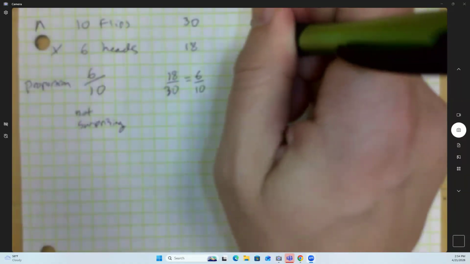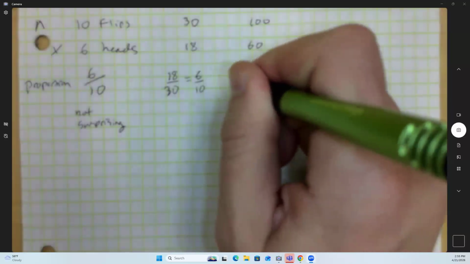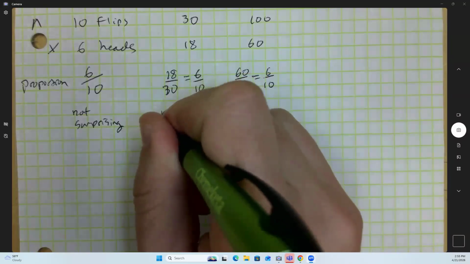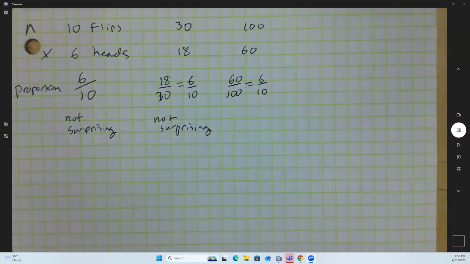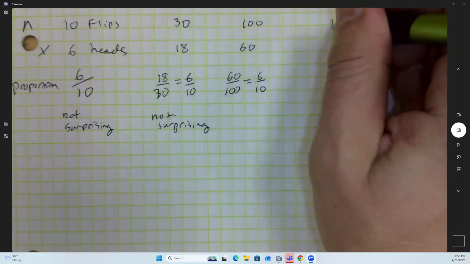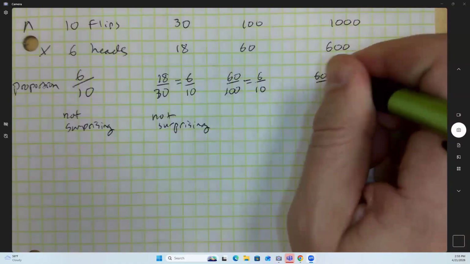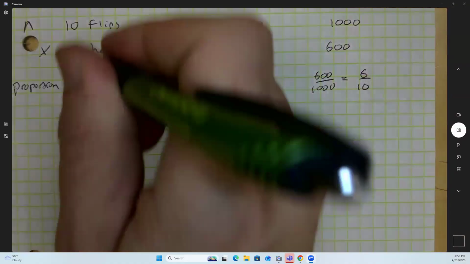We jumped up to 100 flips and 60 heads. 60 out of 100, also 6 over 10. And then even at 1,000 with 600 heads, 600 over 1,000, that is still 6 out of 10.